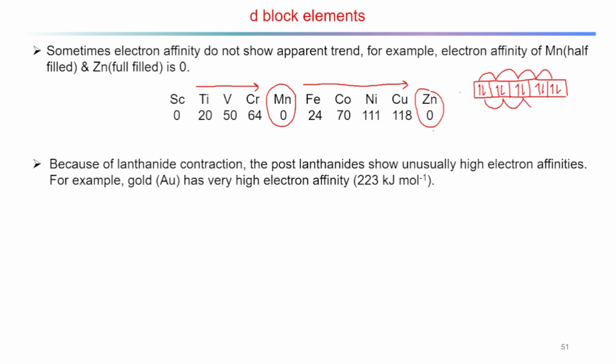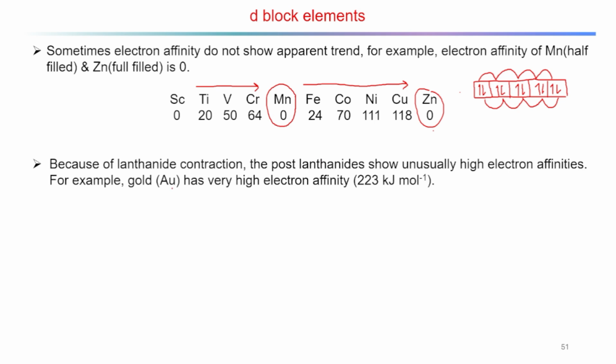So these 5 electrons can be stabilized due to exchange energy, due to exchange of their positions, and they can give extra stability to this atom. That's why zinc also does not want to get an additional electron. That's why the electron affinity is 0.